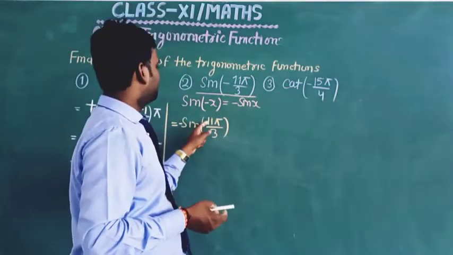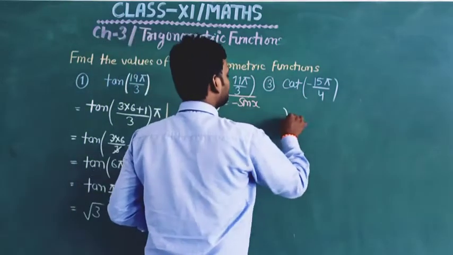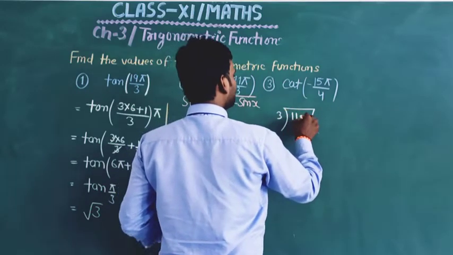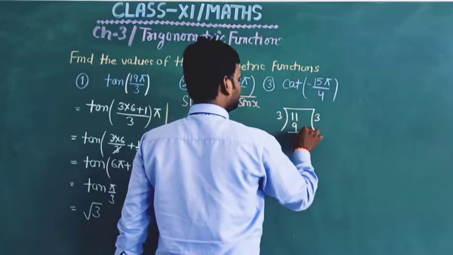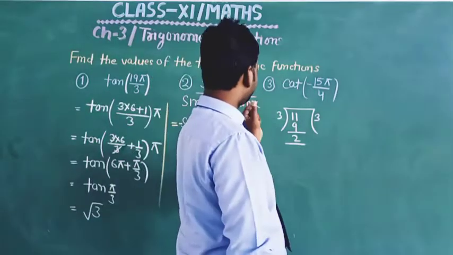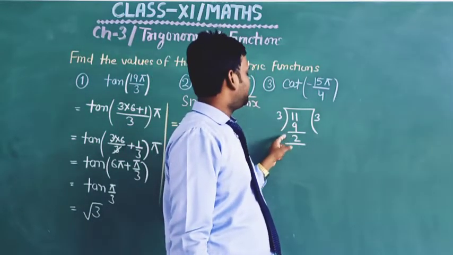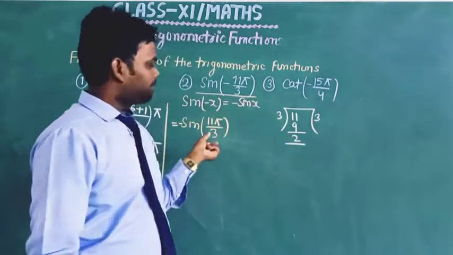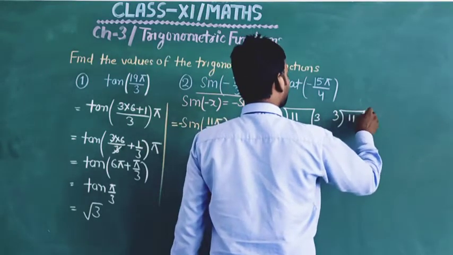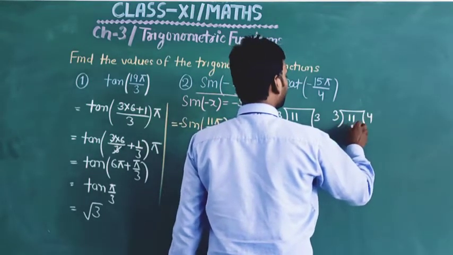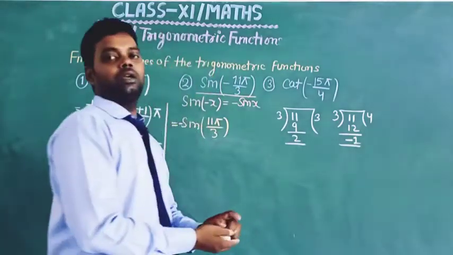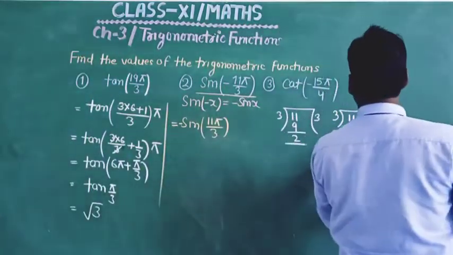And again now divide 11 by 3. So 3 threes are 9, remainder 2. And we check what remainder will come when 11 is divided by 4 times. So 3 fours are 12, and here the remainder will be minus 1. Now write the negative sign.